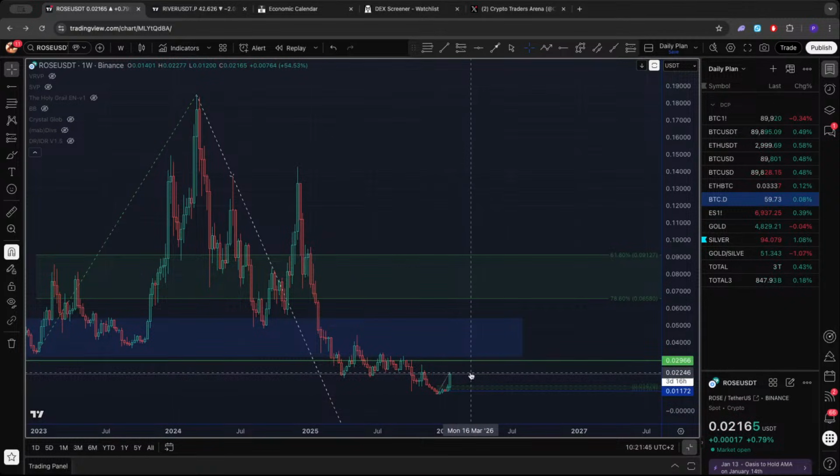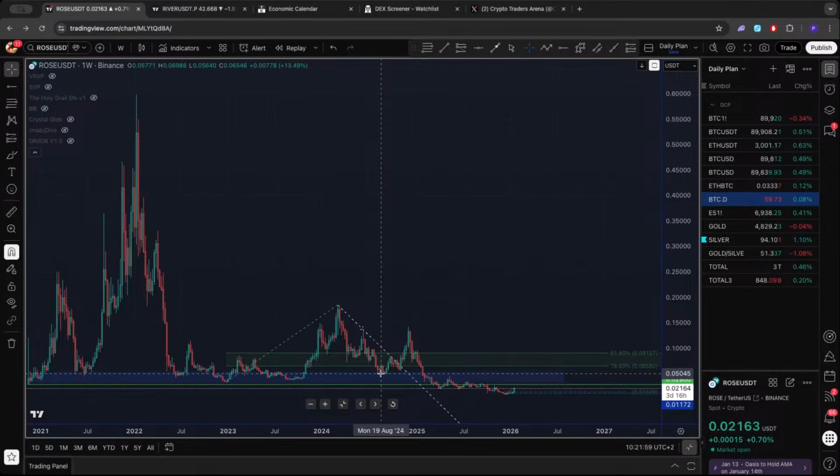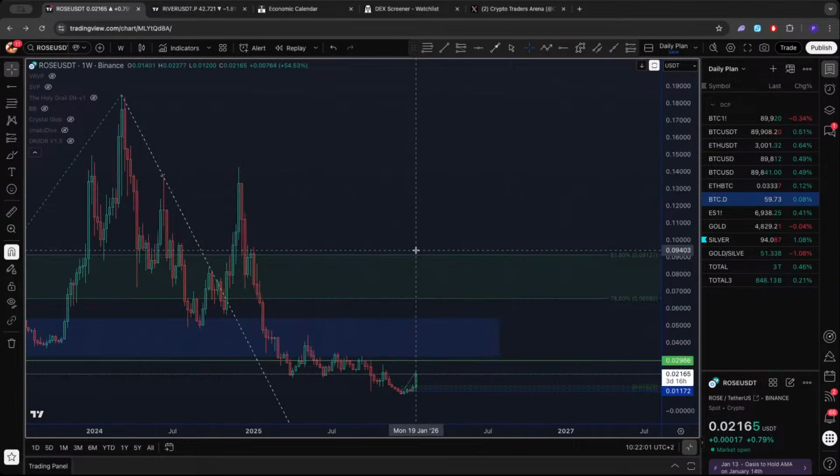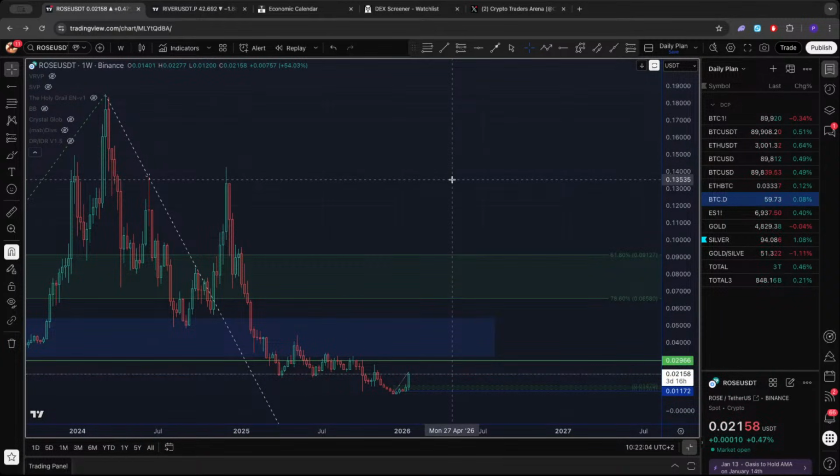Breakout and retest of this level and then pump, the real pump. Has some potential there. But at the same time, we can reject from this level and then dump and create new lows. This is a strong resistance now. Look left. Up to you.